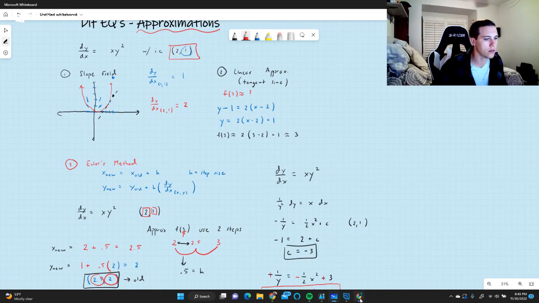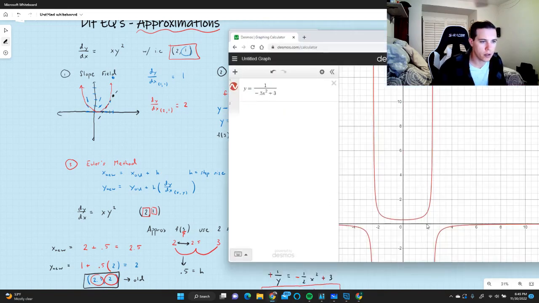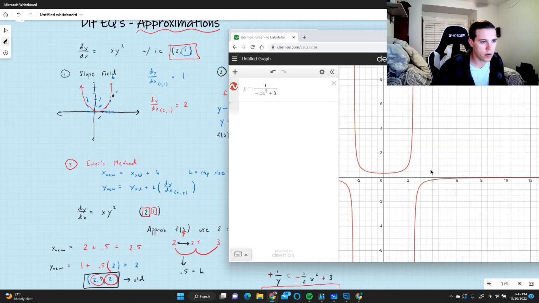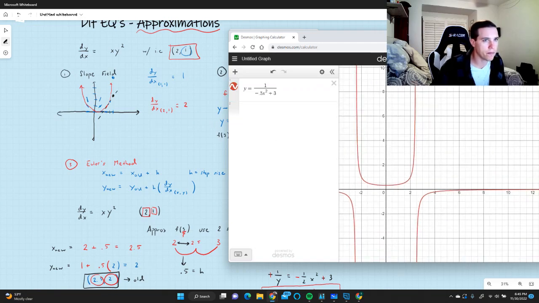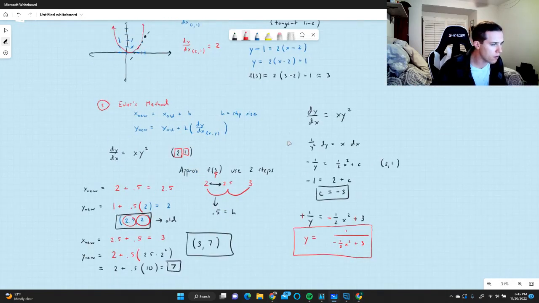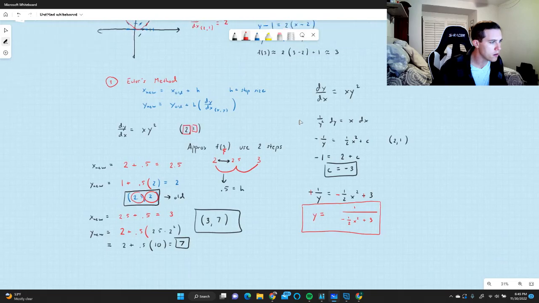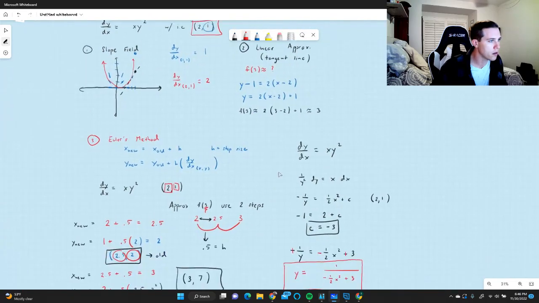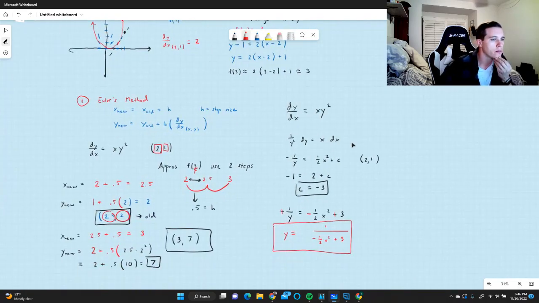Let's see. Oops, I lost my graph. One second. Yeah, it did. Interesting. So this one happens to have a vertical asymptote there. Huh. So this part works out.